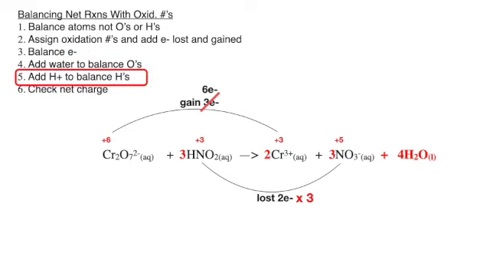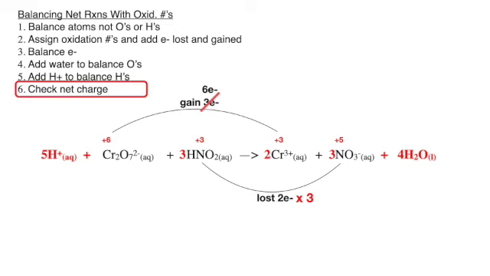Okay, and now I've got 8 H's over here. 2 times 4 is 8 H's for water. On the reactant side, I've got 3 H's in HNO2. So I need to add 5 more to make 8. So there I've added my 5 H positives, and now I have a balanced equation. I can check the net charge.